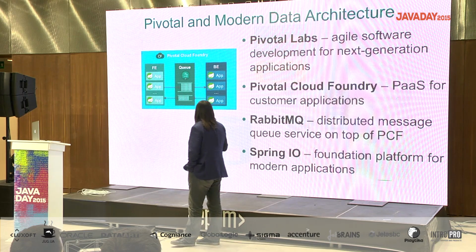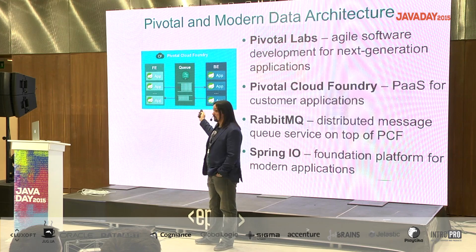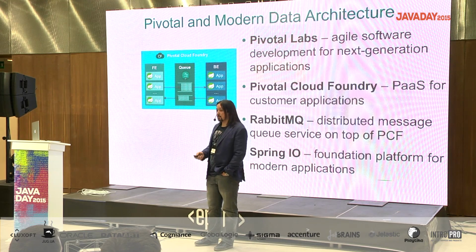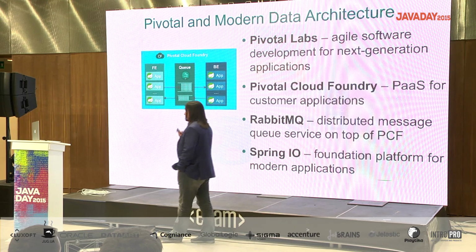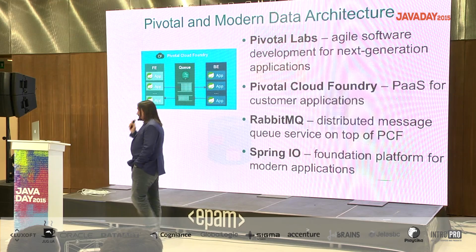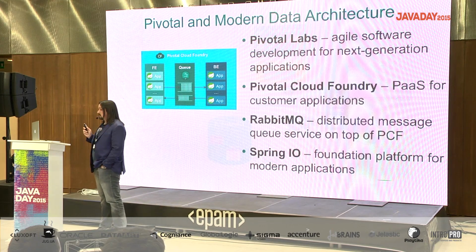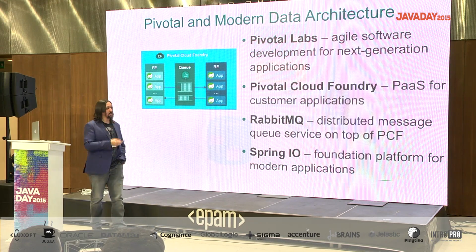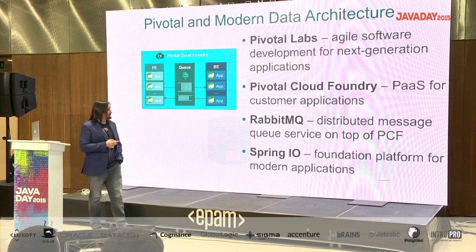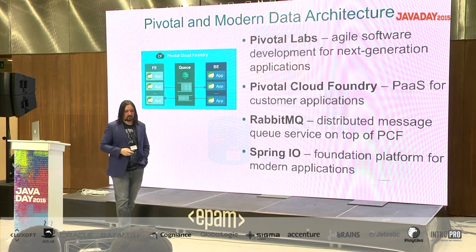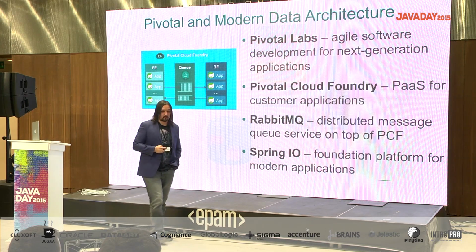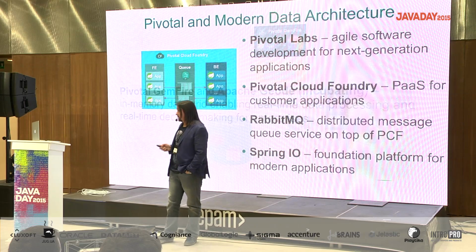So let's start with Cloud Foundry. Cloud Foundry, I think many of you know, is the cloud platform, infrastructure platform as a service, sorry. Also we have RabbitMQ, a message queuing solution, and the Spring platform itself. All the Spring platform is supported and developed by Pivotal.